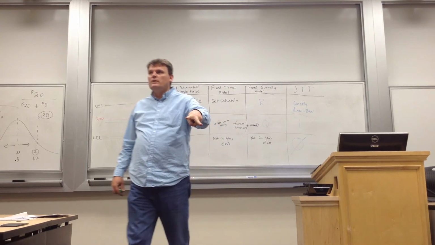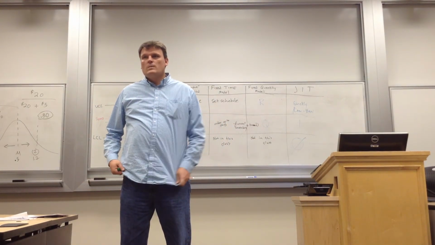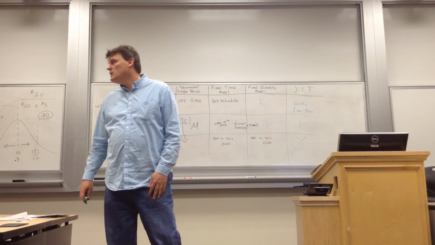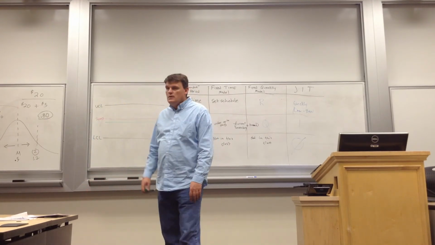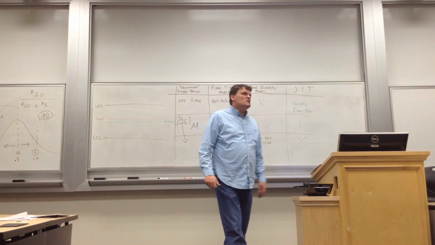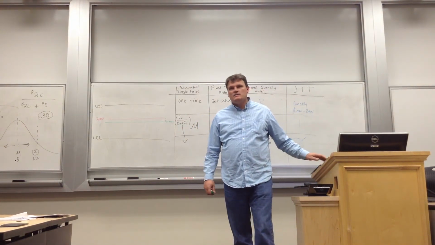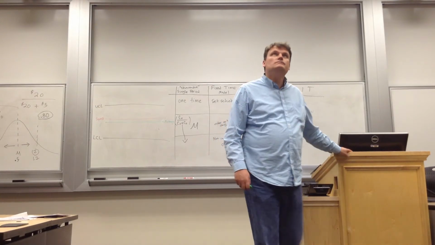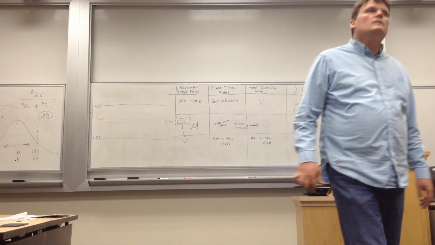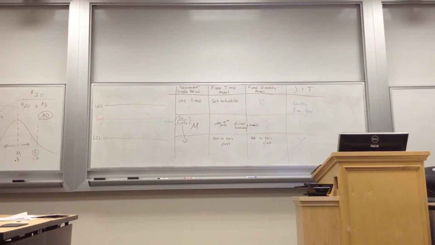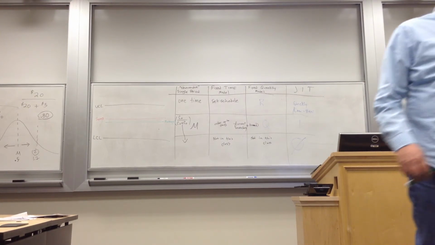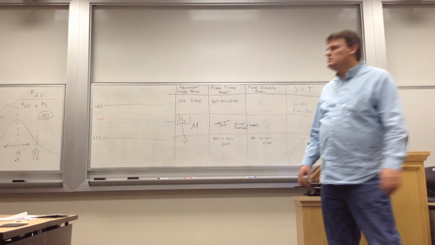When do we use the P chart? X bar charts are for continuous variables. There you go. Weight, height, anything that can go to infinity inside itself. P chart is a yes or no.